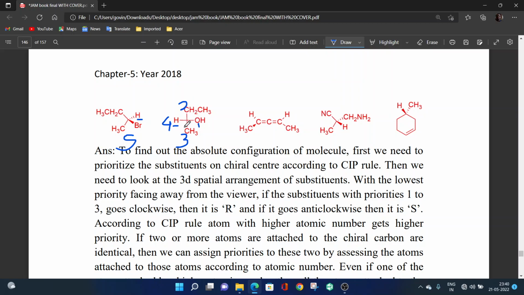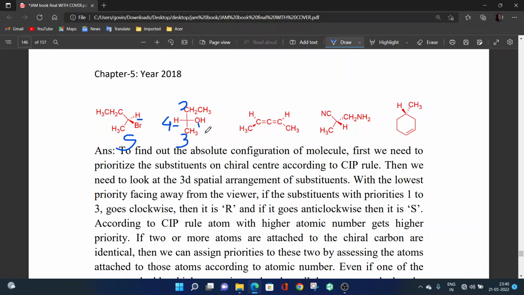You can do some operations so that hydrogen goes away from the viewer, but you need not do all those things. If hydrogen is towards the viewer, just see how it is rotating. If it is rotating clockwise, it should have been R, but it will be S. If it is going anti-clockwise, it should have been S, but it will be R, because the lowest priority is towards the viewer, though it should have been away from the viewer.